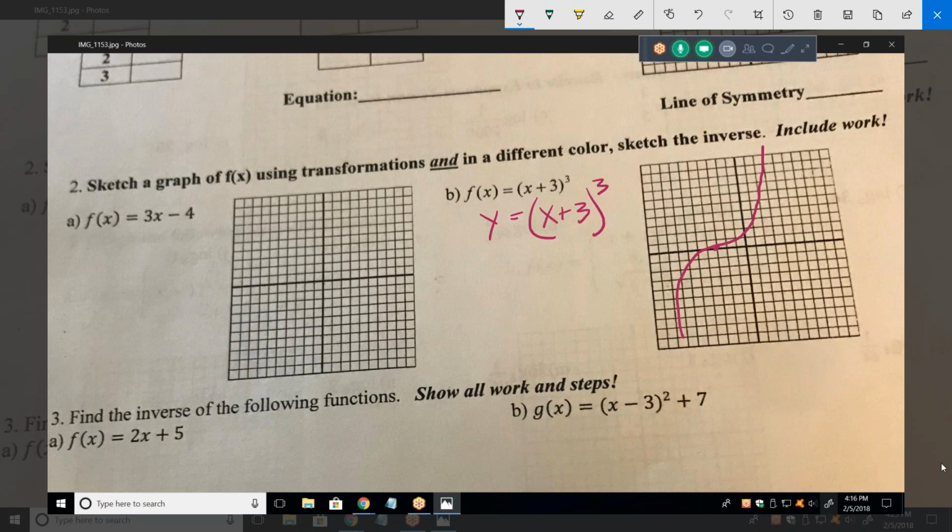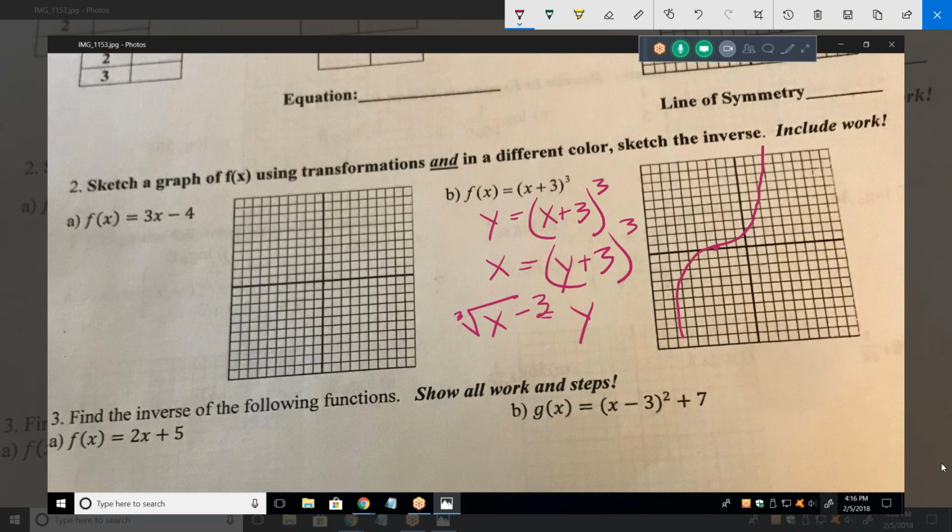And then you're going to switch the x and the y. So x equals y plus 3 cubed. Okay. And then we have to get y on its own. We're solving for y. So first you would cube root it on both sides, and then subtract 3. Good.